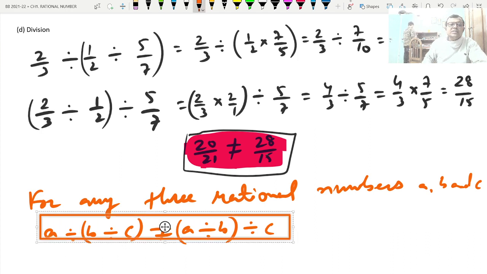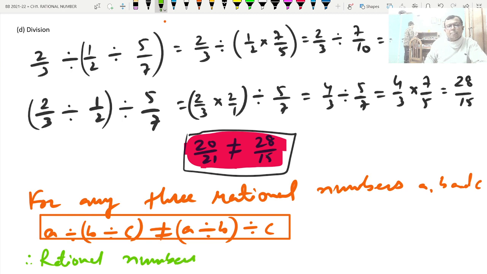So what can we say from this? Therefore, rational numbers are not associative under division.